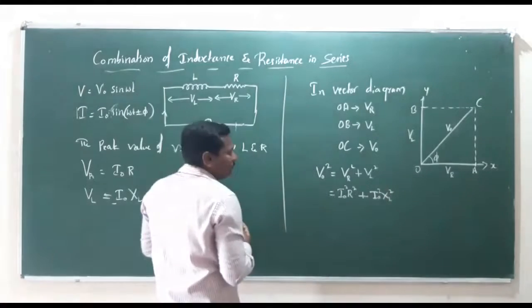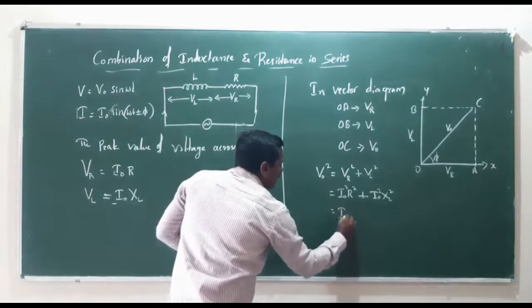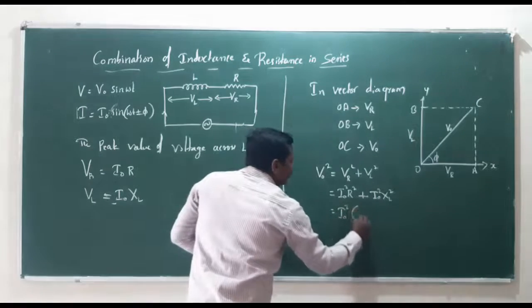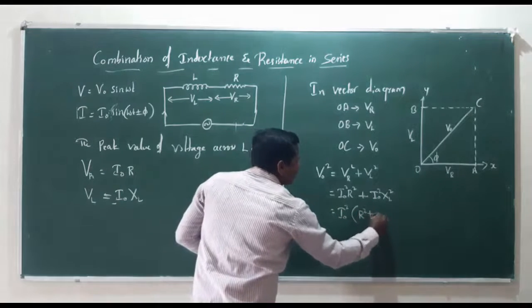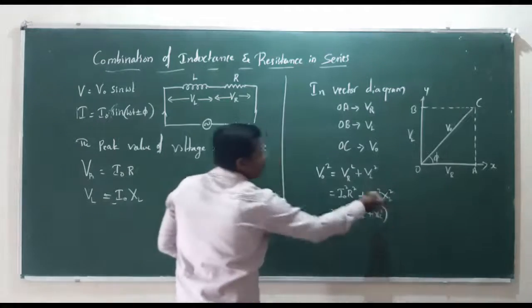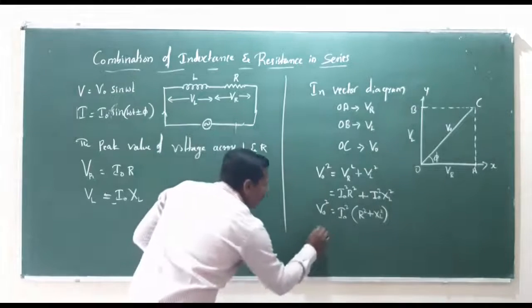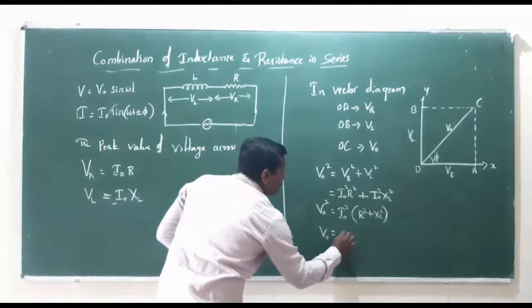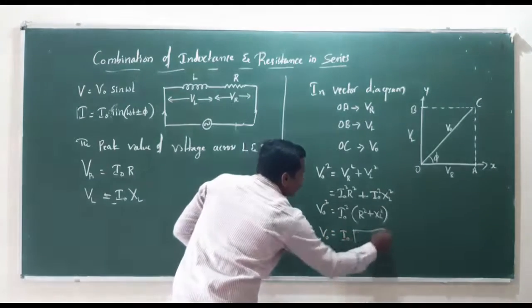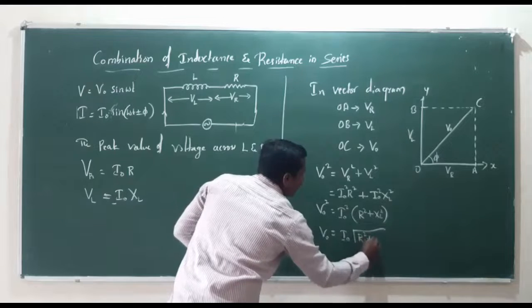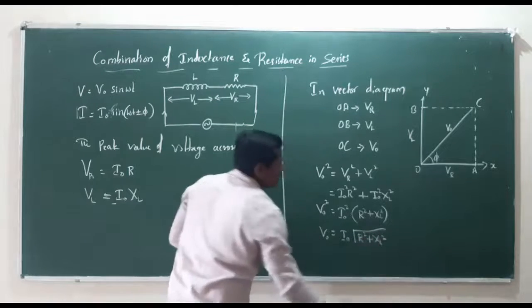Taking I naught square as a common term, this represents V naught square. Now V naught is equal to I naught times the square root of R square plus chi L square.